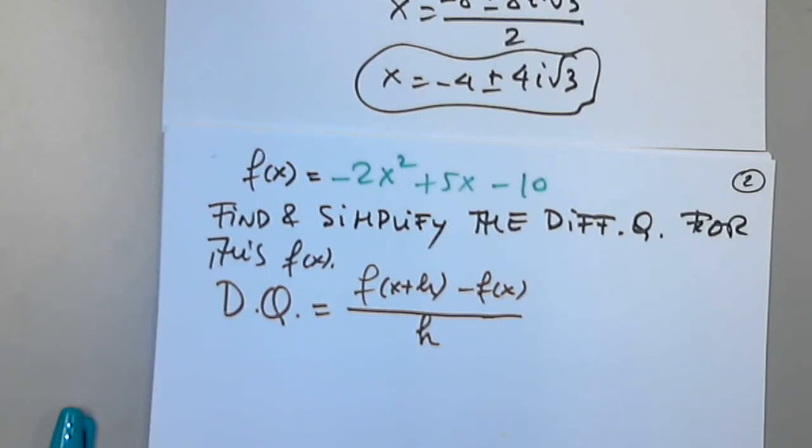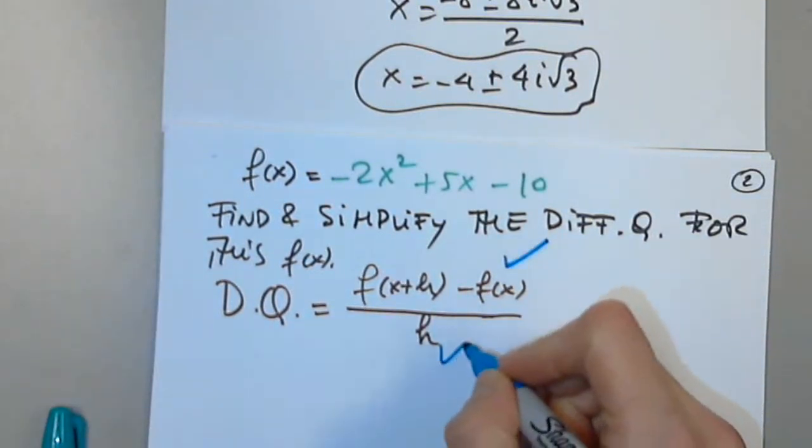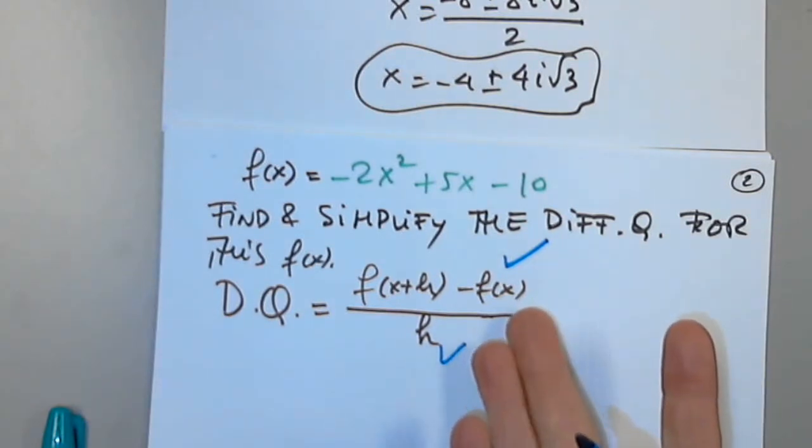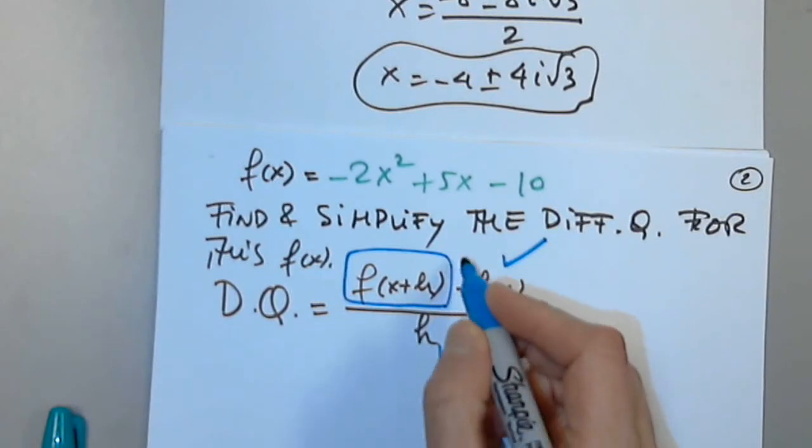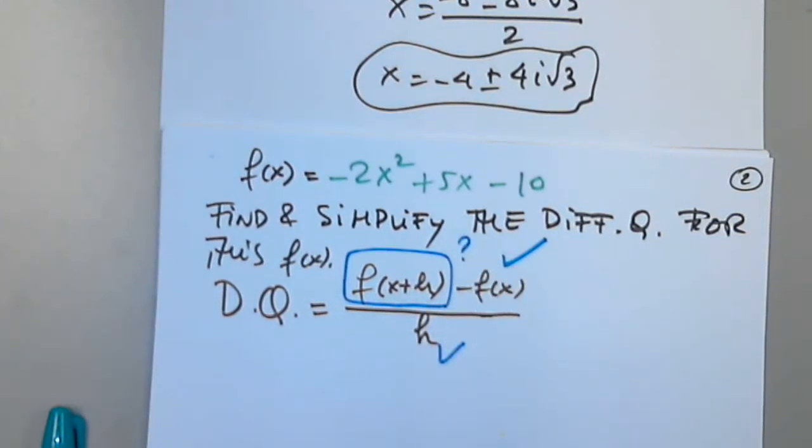But there is one that I don't have and I really have to work on. h, I can't do anything to it. It's simplified, it's just h. f of x is given. There is nothing I can do to it. This is clear. This I cannot do anything to. This piece I don't have. This is not calculated yet.